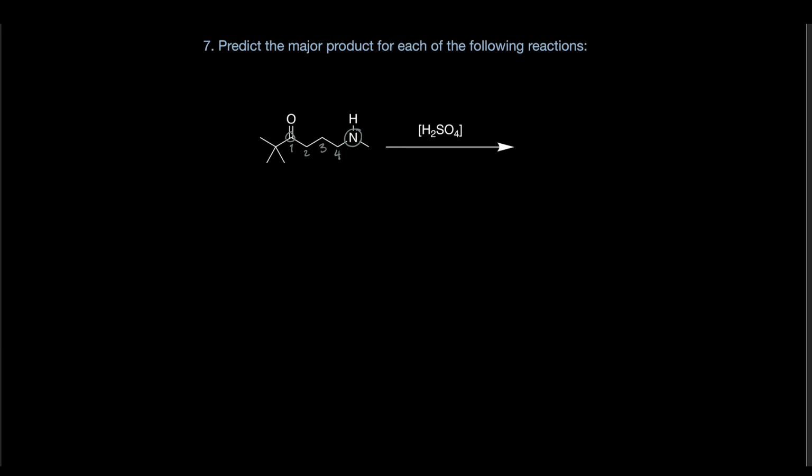Including nitrogen, we know we have a 5-member ring. Let's check to make sure we have the correct number of carbons.